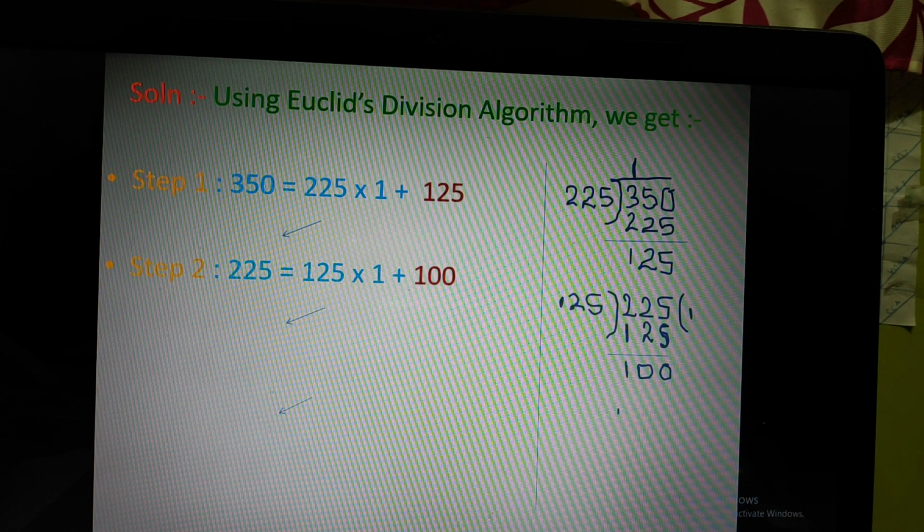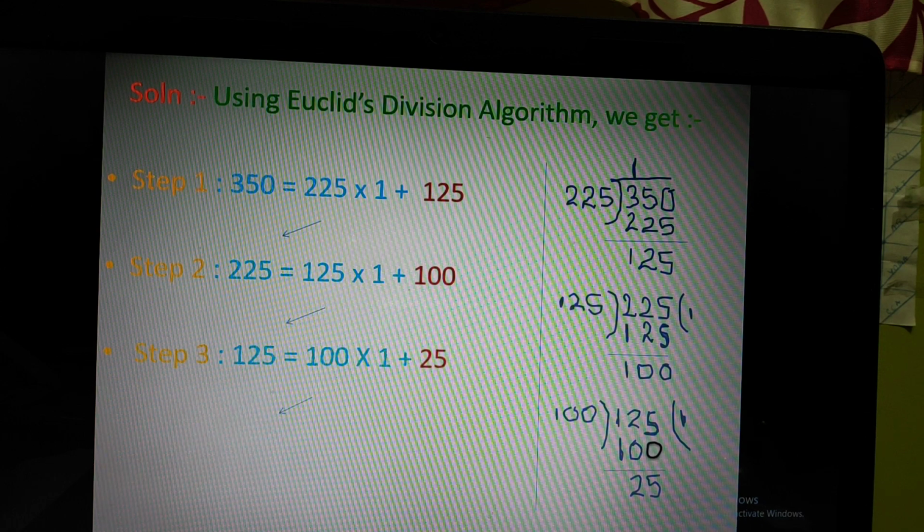Like this we have to carry on till the last remainder is 0. Again 100 will become the new divisor, and 125 will become the new dividend. Here again we observe that 25 is the remainder.